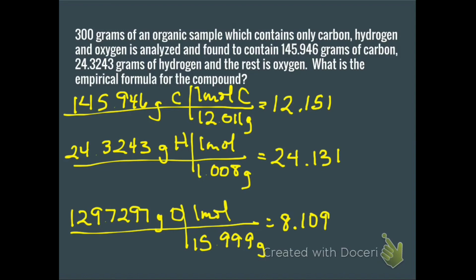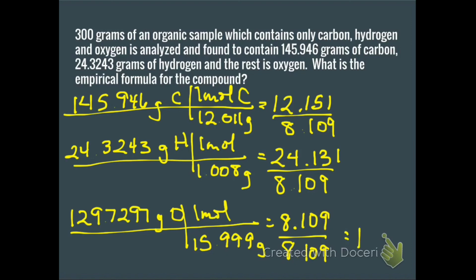So we have our moles for each, and just like we've been doing this whole time, we have to go back and divide by our lowest, which in this case is 8.109 of our oxygen. So we can find the lowest possible ratio of our elements. All right, so we know this one's always got to be 1.